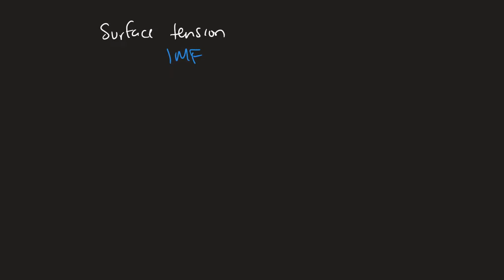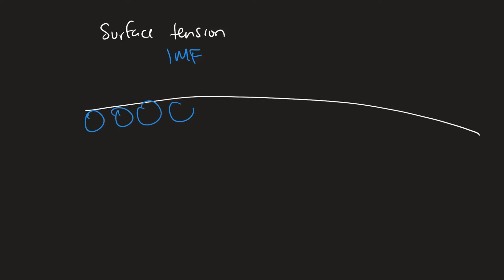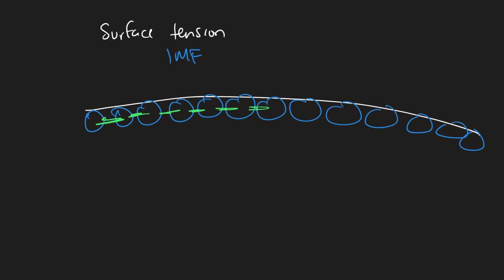So if we have a liquid, this is the surface of the liquid, and what we're looking at is the strength of the intermolecular forces of the molecules at the surface. The stronger the intermolecular force, the stronger the surface tension.